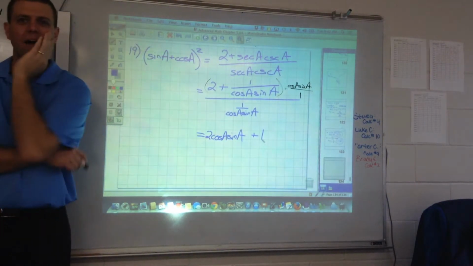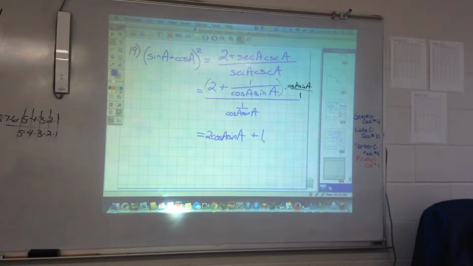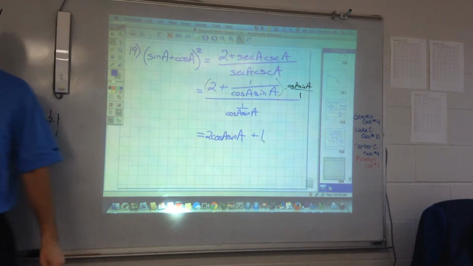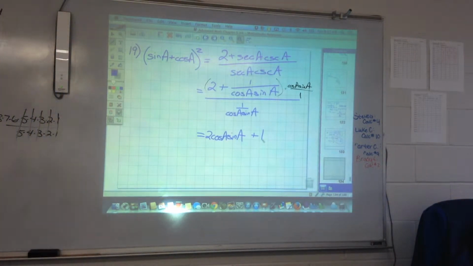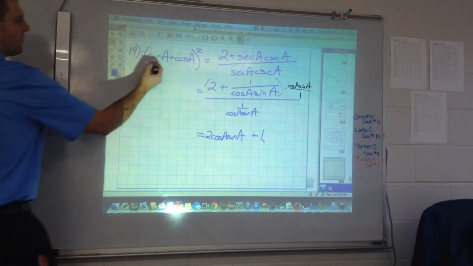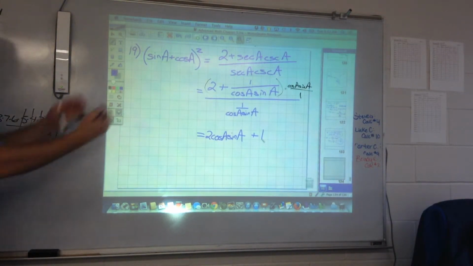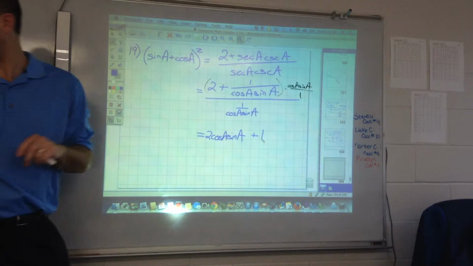it's still not really looking a lot like that left side. This is where I would probably have to mess a little bit with the left side to realize how they're the same. If I square this, that means I'm taking this times itself, so I'd have to FOIL it.